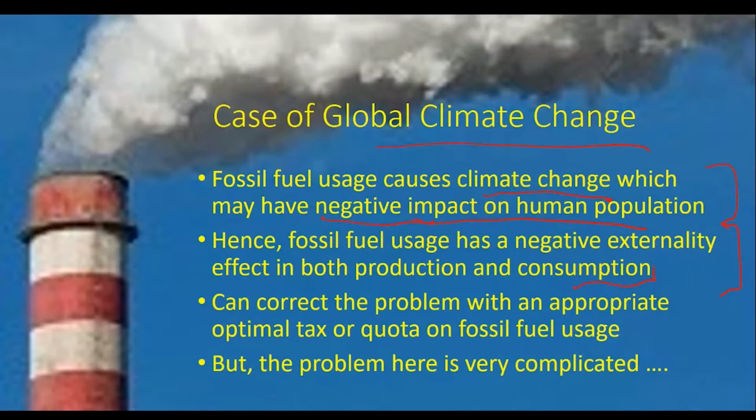And consumption of gasoline and electricity and even battery usage, because the batteries need electricity, which has to come from power plants, which are often fueled by carbon-based fuels, and thus is causing emissions into the atmosphere and is resulting in global climate change. Okay, now we can correct for that with an optimal tax or a quota on fossil fuel usage. That's what our principles tell us.